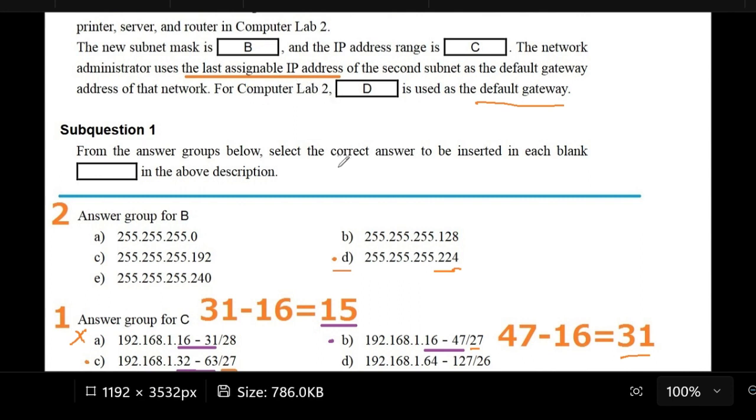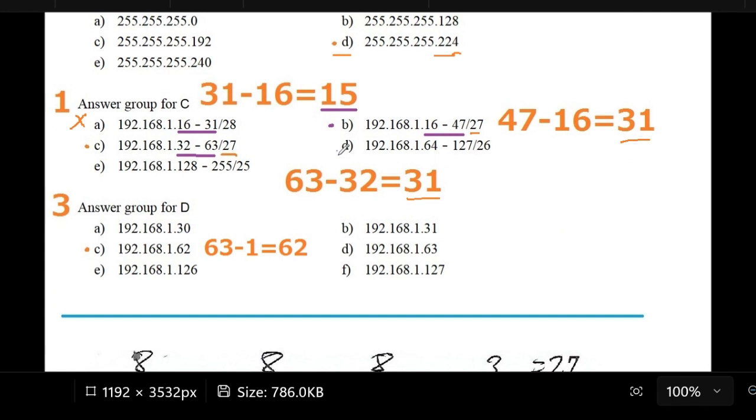Okay, and if you look at the choices, we don't see here 47 at all, which means that for answer group C, letter C is the correct answer, because there's no 47 or even 46 or even any of the numbers close to 47. So that should solve answer group C.